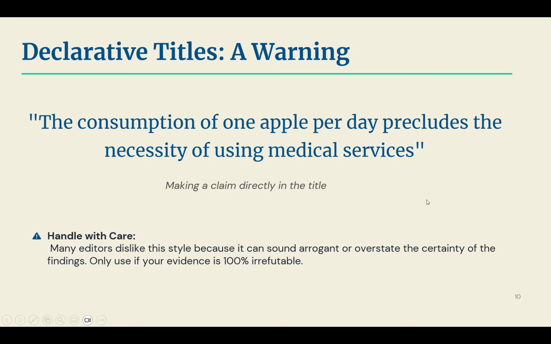And there are different ways of expressing your titles. The first thing is the declarative title, but when you're going for a declarative title, there is a warning. Look at this title: the consumption of one apple per day precludes the necessity of using medical services. Now, what you're doing here is you're making a claim directly in the title.